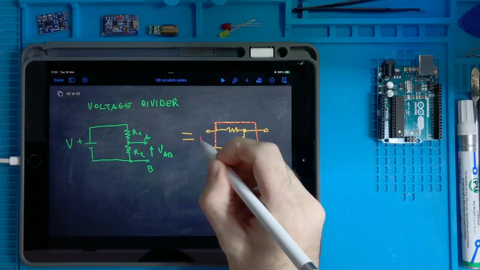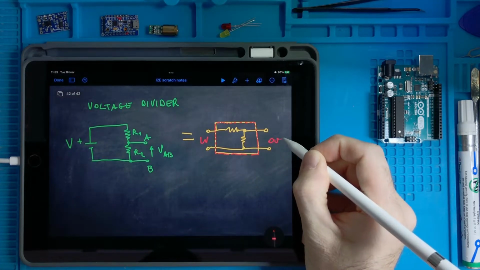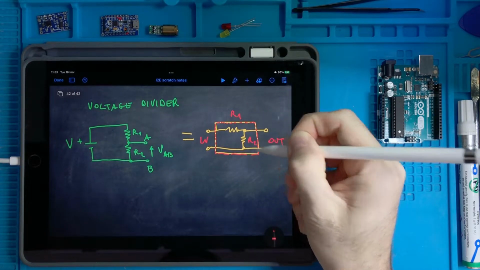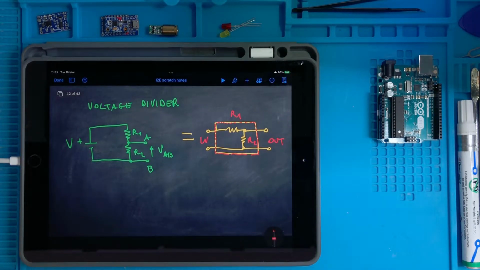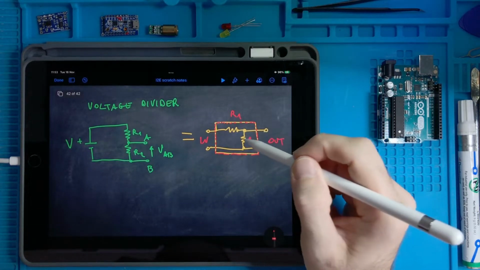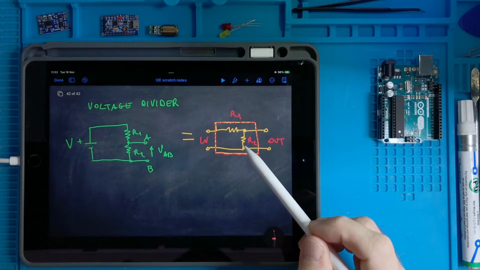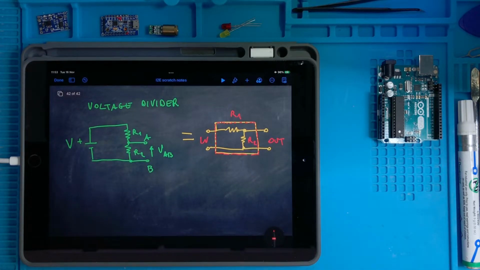So here we have the input and there we have the output. R1, R2 is the same circuit. Therefore there should be something like a transfer function for this, because it's a circuit made of lumped elements and they are linear, they are resistors.